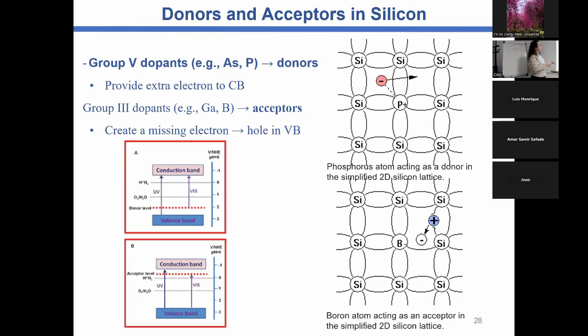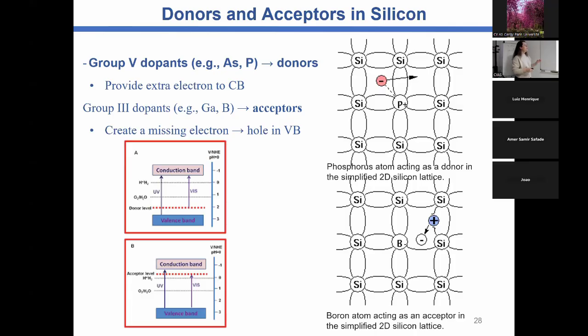For instance, here the phosphorus. Phosphorus is in group 5 of the periodic table. Then there will be one free electron from phosphorus, free without any bonding, because phosphorus has 5 available electrons and silicon has just 4. So we have one electron that is just free.